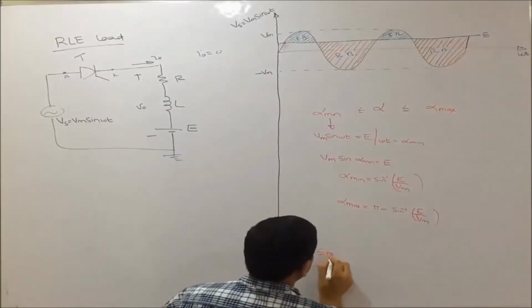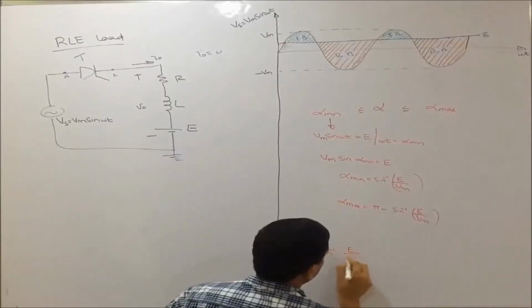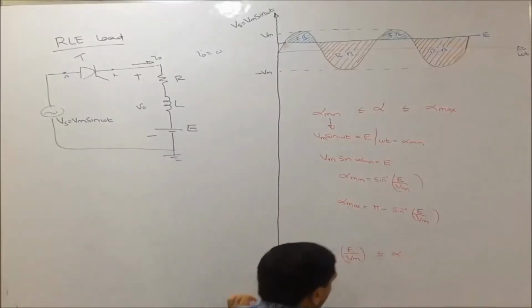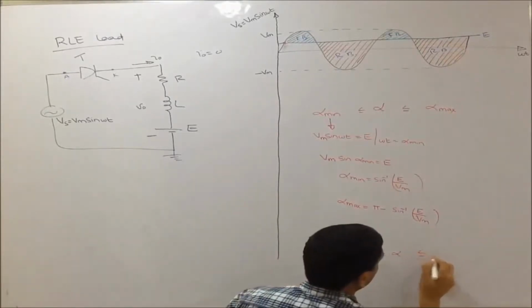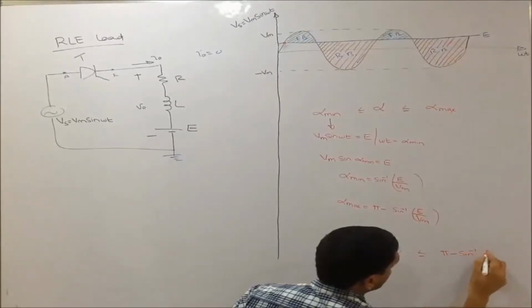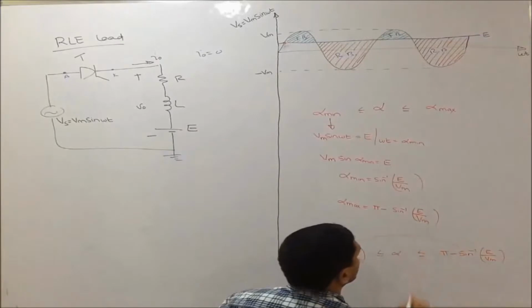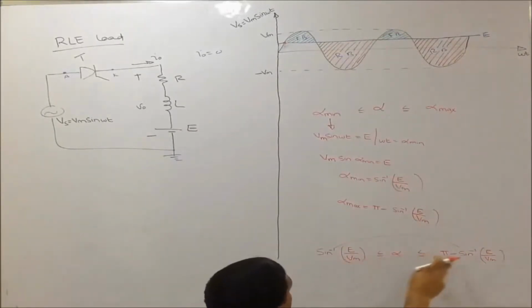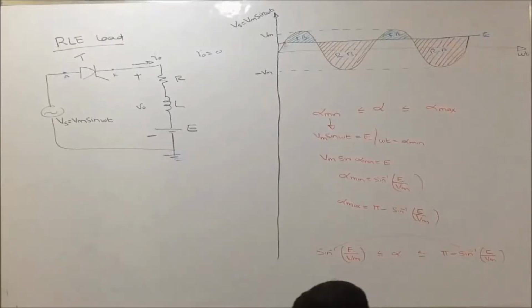Sin inverse E by Vm is less than or equal to the firing angle alpha, less than or equal to pi minus sin inverse E by Vm. These two give the range of firing angle. So always my firing angle has to be in between these two.